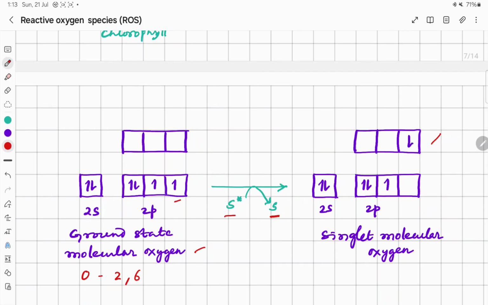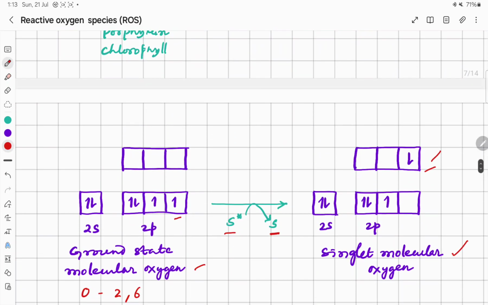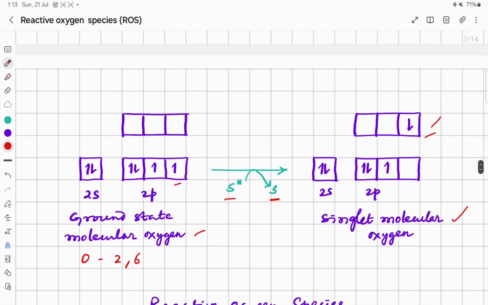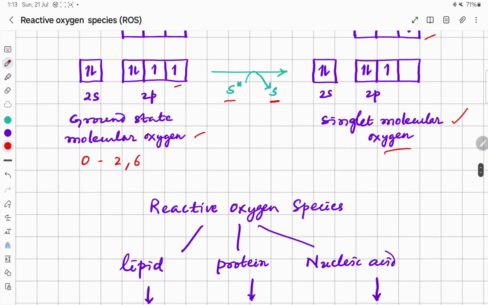Here you see the spin, and here you see the spin. So this is the ground state molecular oxygen, and this is the singlet molecular oxygen, where because of the energy there is this excited state with a different spin. So this is called singlet molecular oxygen, and this acts as a non-radical reactive oxygen species.